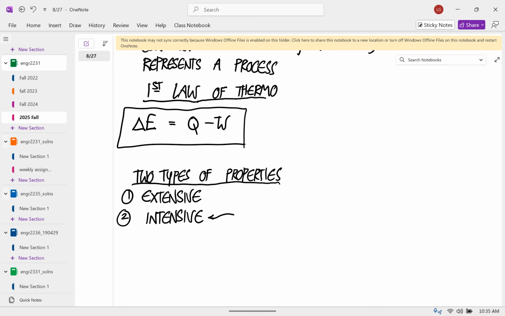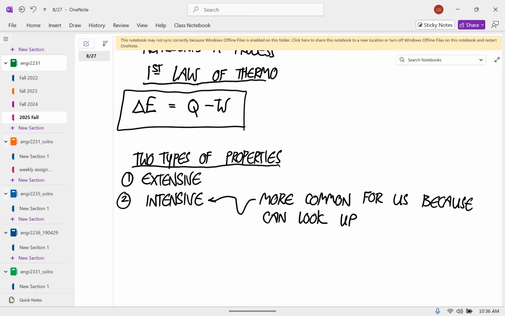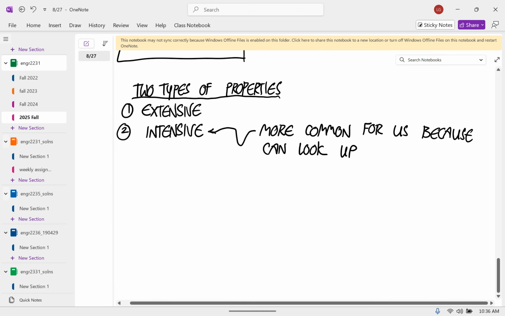We'll use these more often, so these will be more common for us. The reason they're going to be more common is because you can look these up. But I have to make a distinction and define these two things so you know what you're looking at. So let's first define extensive properties.